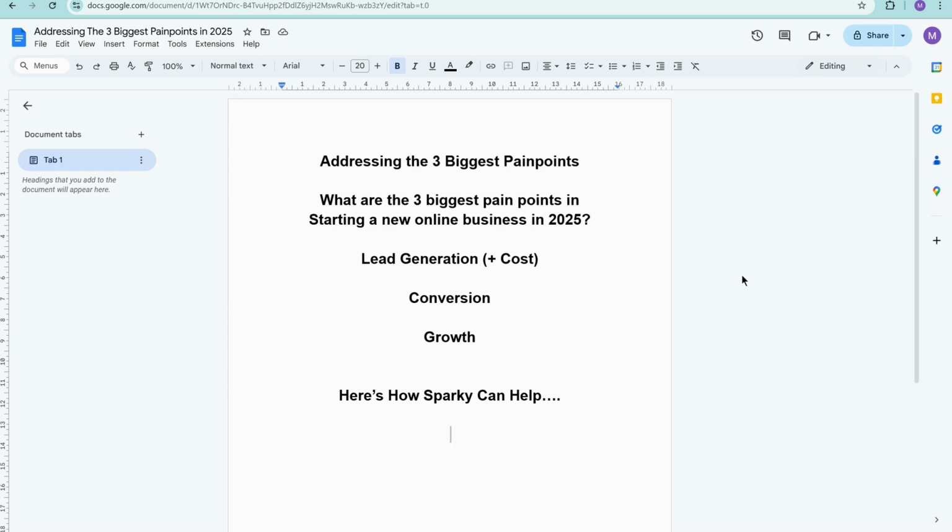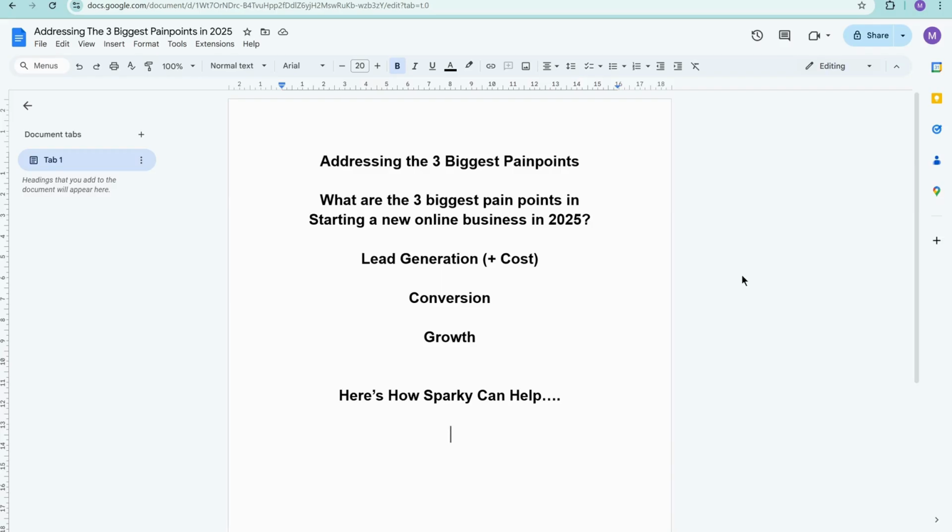I'm going to be talking about what those three pain points are or could be, certainly from my experience, and then how we can look at generating a solution using Sparky AI, right? Okay, so let's talk about what those pain points might be.